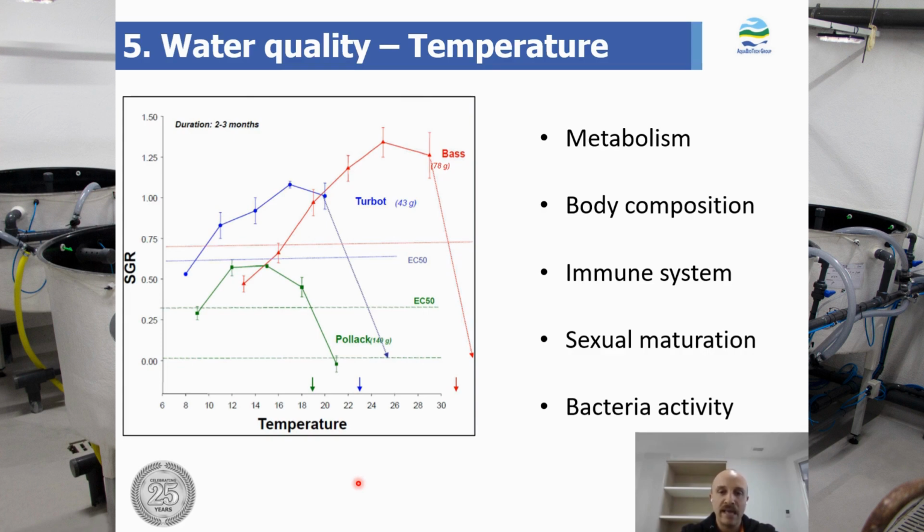So we may experience at a higher temperature certain species start maturating sexually, and this is not actually a good aspect of fish farming if it is not under control. Temperature is also affecting the bacteria activity in a similar way as it does with fish metabolism, for example.